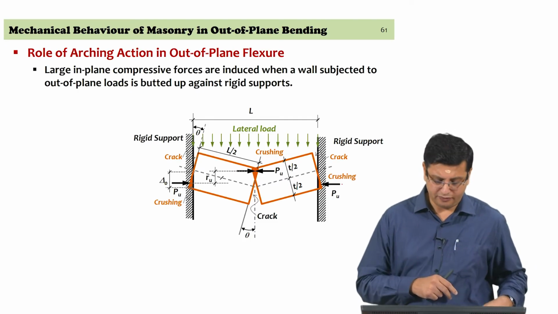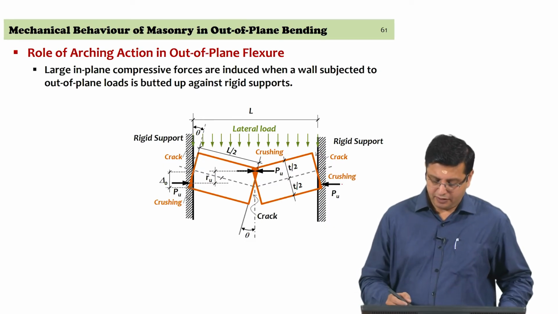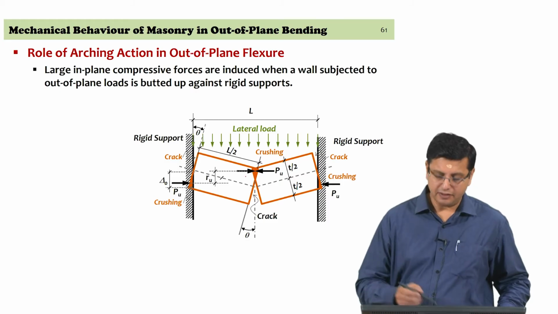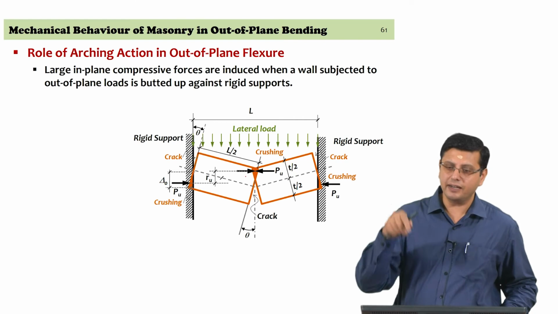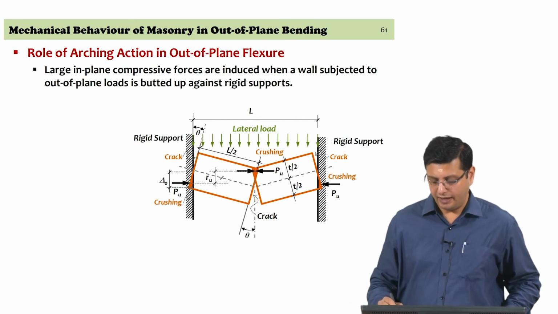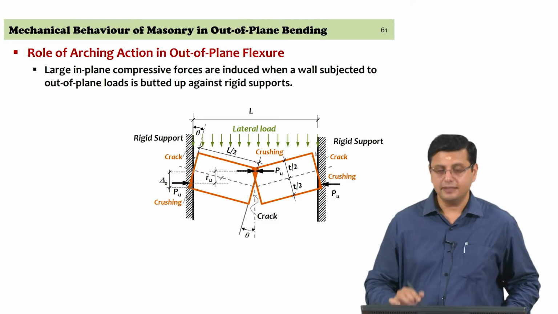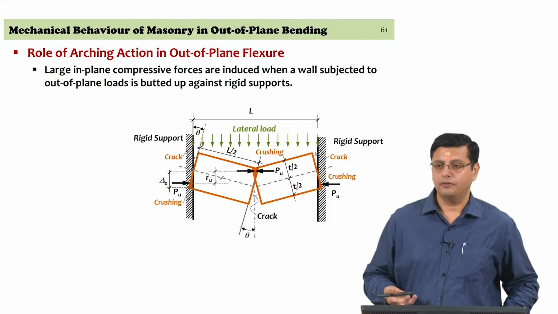So, we refer to that at the ultimate state. The black arrow marks that you see are the resultants sitting at the centroid of the triangular area that is being considered, geometrically, at the ends of the wall and at the center of the wall where the contact points are. So, this is the overall geometry with which we are going to be working.